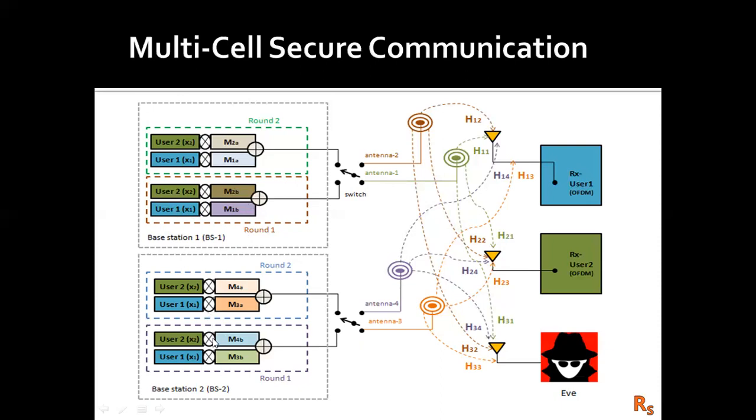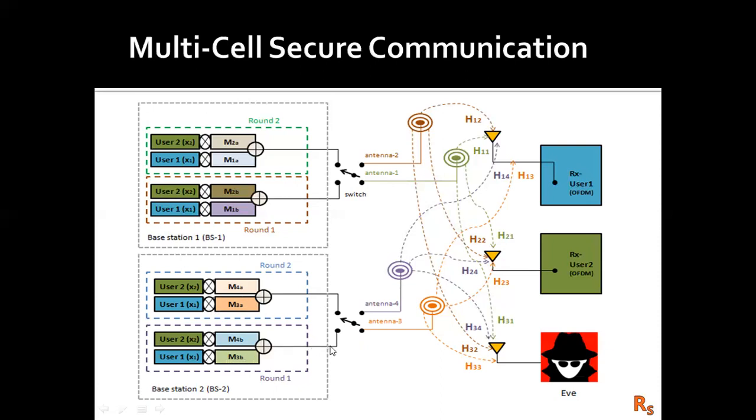Similarly, at the same time, when base station one is transmitting the data from antenna one and antenna two, there is a dual transmission, same as base station one, from base station two, where user one and user two data is superimposed with another set of precoders, that is M3A and M4A and M3B and M4B.